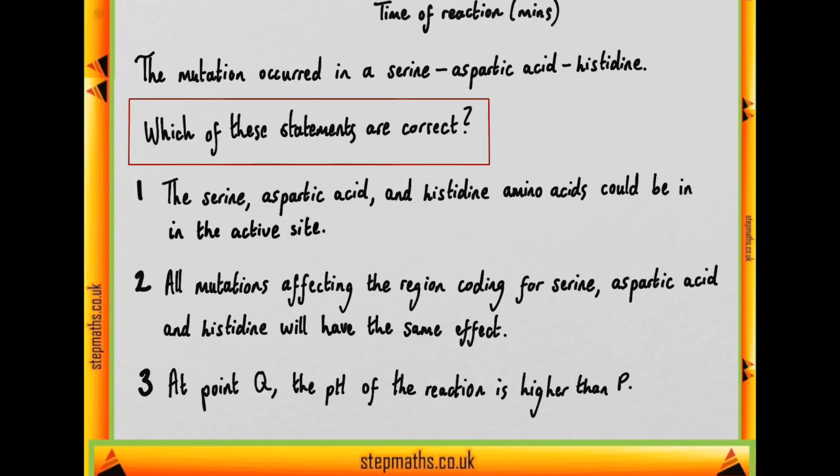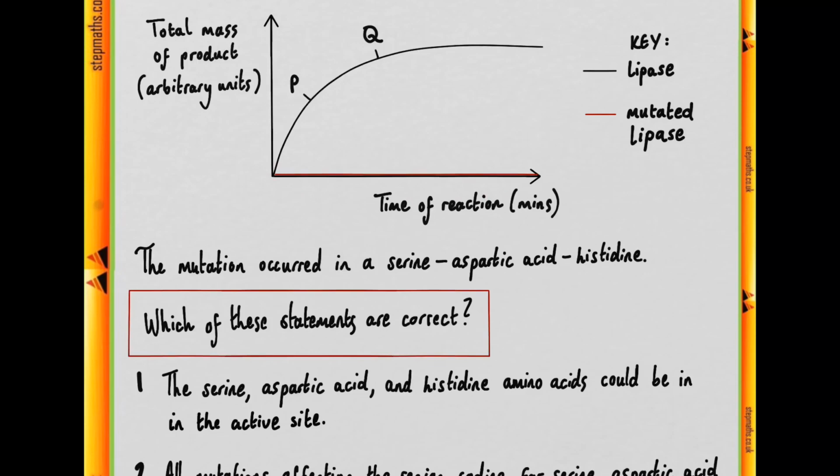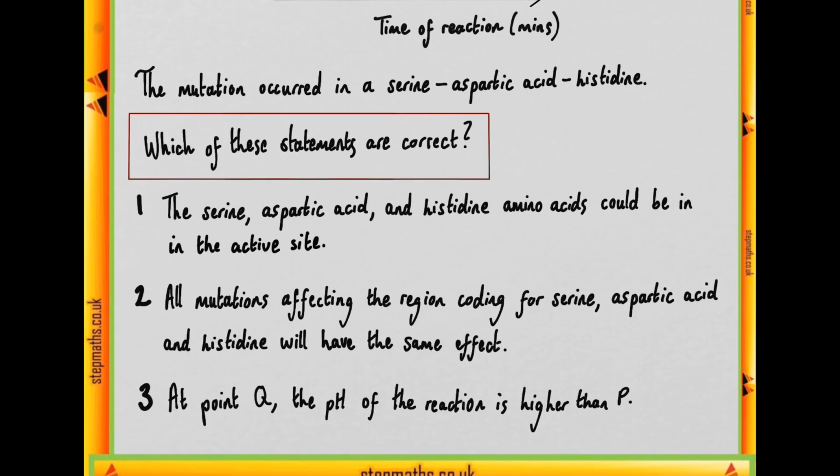So they could be in the active site because there appears to be no activity between the enzyme and the solute that the enzyme is targeting, the reactant. So it could be because of a mutation which then affects one of these amino acids, and therefore the active site can no longer bond to the solute.